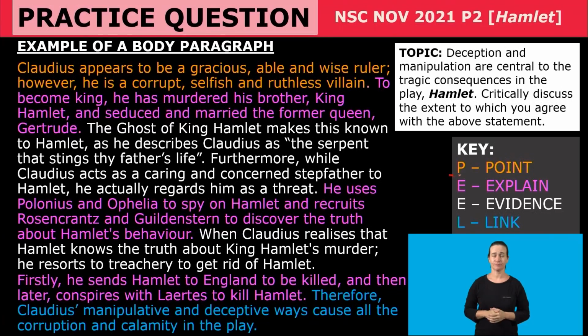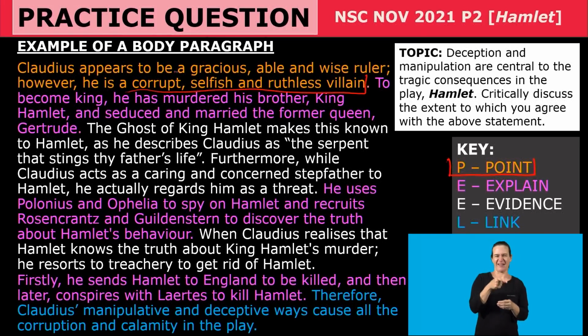Now, let's look at structuring a body paragraph. So, firstly, we are using the PEEL method, and we'll be using the P for point. Claudius appears to be a gracious, able, and wise ruler. However, he is a corrupt, selfish, and ruthless king.